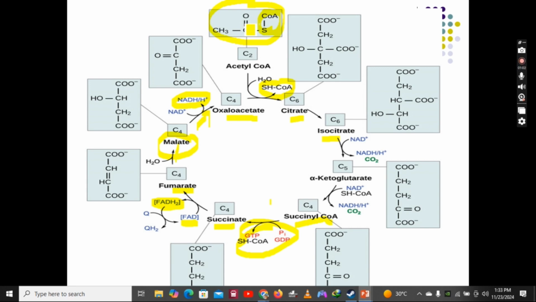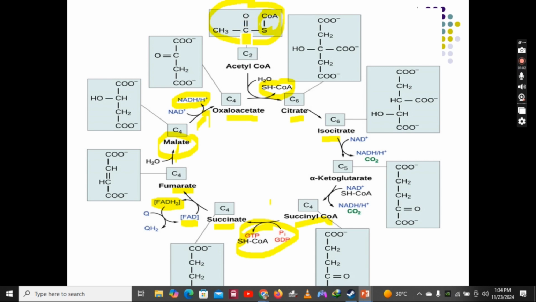What remains from the 3-carbon pyruvate is just 2 carbons. That 2-carbon molecule is now acted upon by the CoA enzyme.